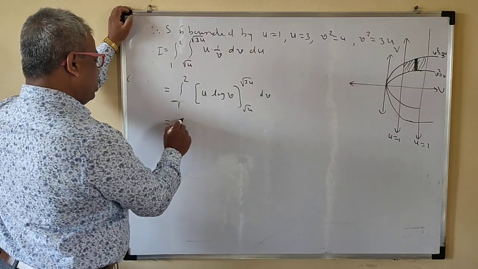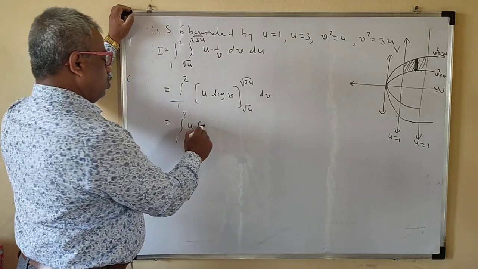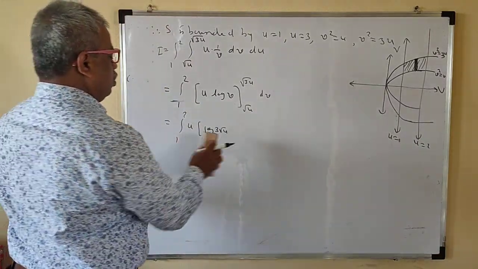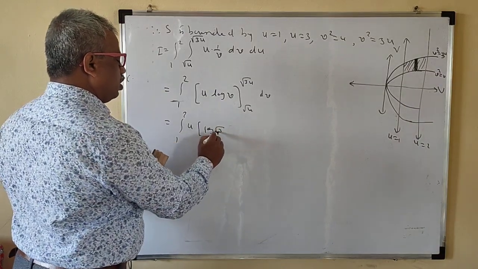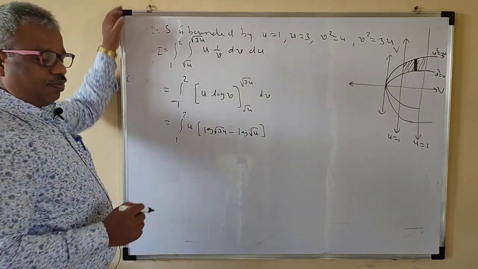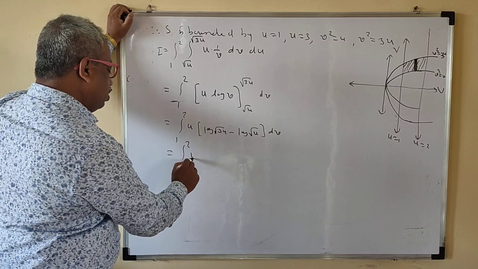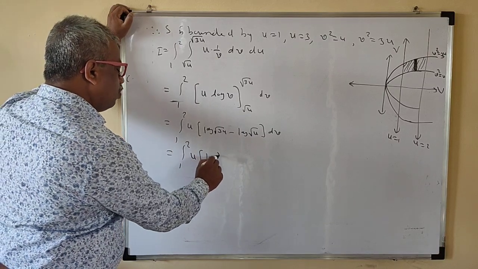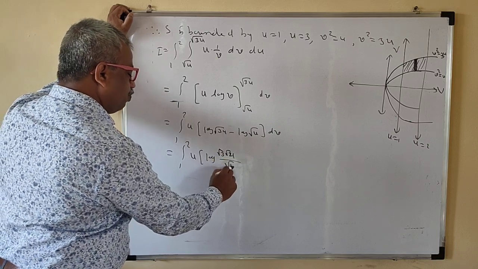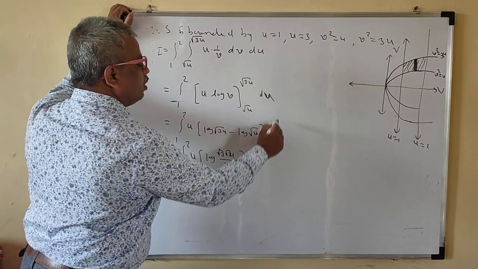I can take u common here, 1 to 3, and I will put the upper limit and lower limit: log of root of 3u minus log of root u, du. Okay, I will apply the rules of the logarithm here. So this is u log of root 3 root u upon root u, du, not dv.